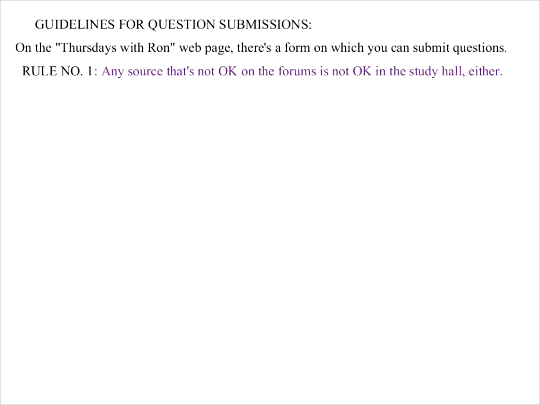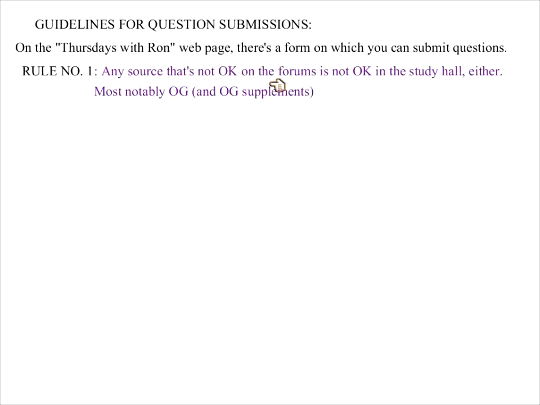Most notably, this includes the OG and OG supplements. You're not allowed to submit Official Guide problems for this study hall. The rationale is that this is a free study hall that's open to anybody who wants to attend, and the OG is a paid source. It's the same reason we're not allowed to use the OG on the forums.